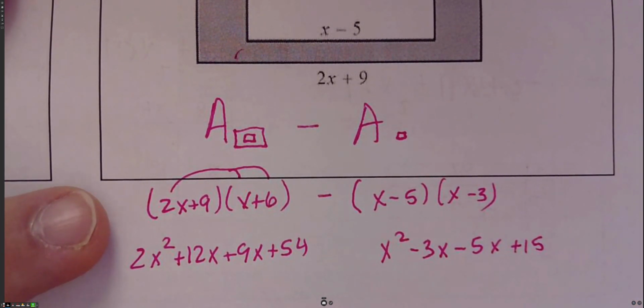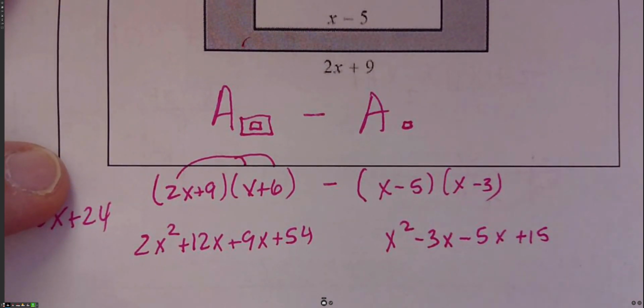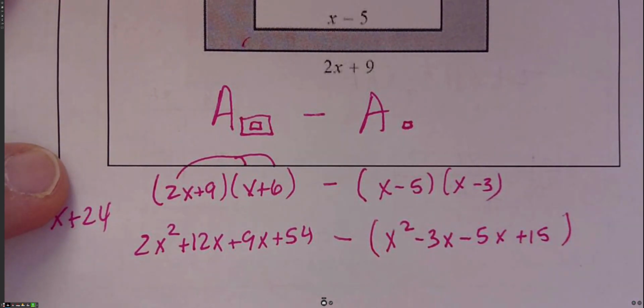Am I going too fast? No. Now I got to be careful here because it's really minus this whole thing. So if I put a minus here, what else do I need to put there to make sure that this is right? I have to have parentheses around it because I'm saying minus that whole thing. Does this look familiar? Yeah, we just did this.